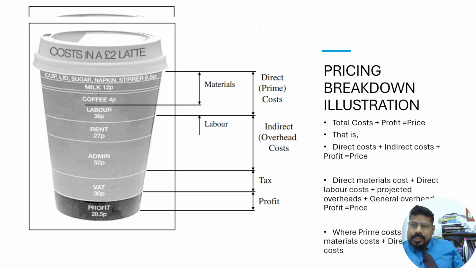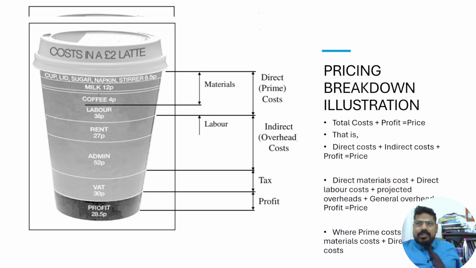Indirect cost is rent, admin fee, taxes, VAT. After all of this, plus the profit that you are going to charge to run your shop is 28.5 paisa. That is your profit. So the price that you charge is inclusive of total cost plus profits.